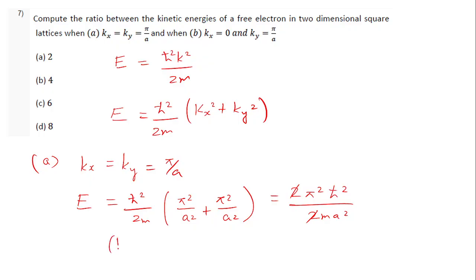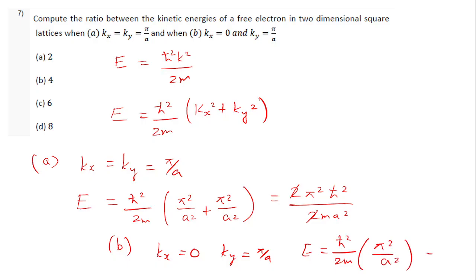Now the next part, B, when kx is 0 and ky is pi by a. In this case, the energy will be h bar square divided by 2m times pi square by a square. So this will be h bar square pi square divided by 2m a square.